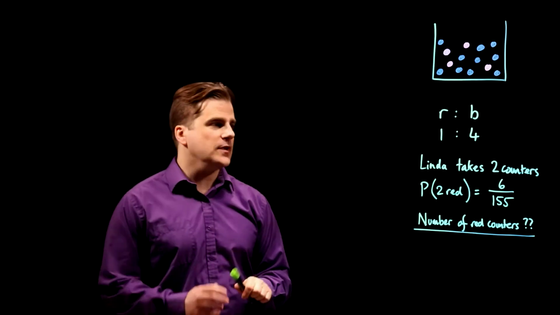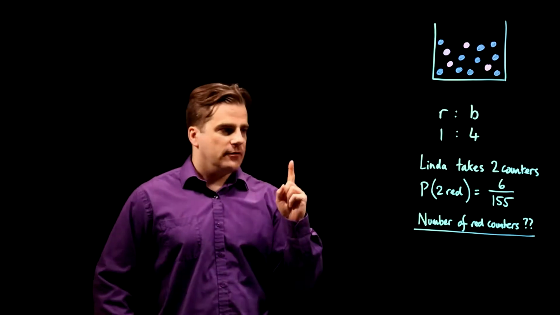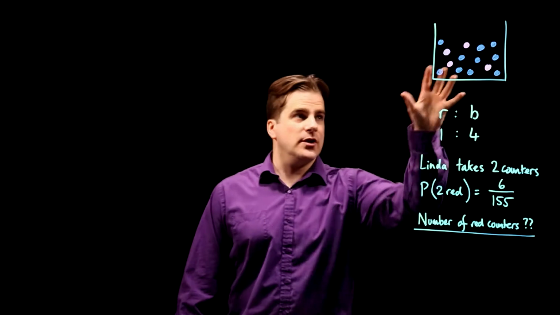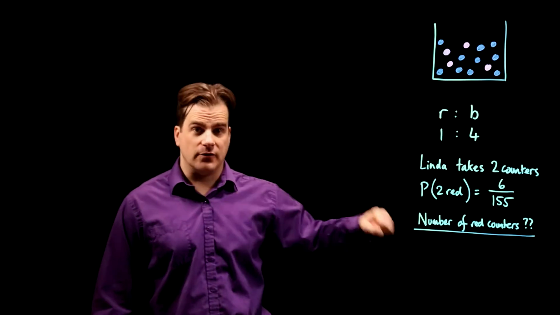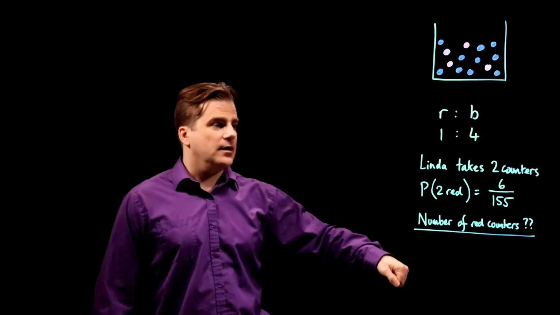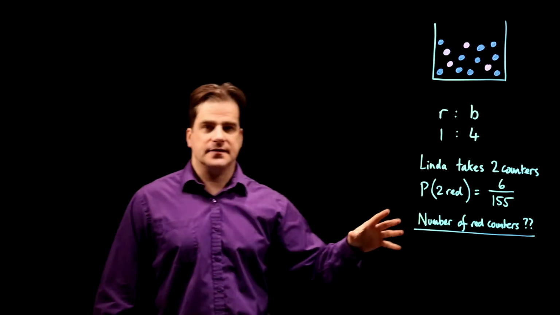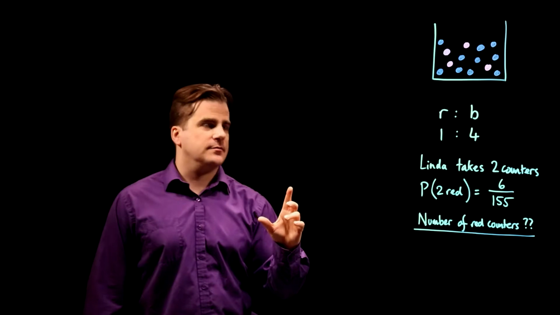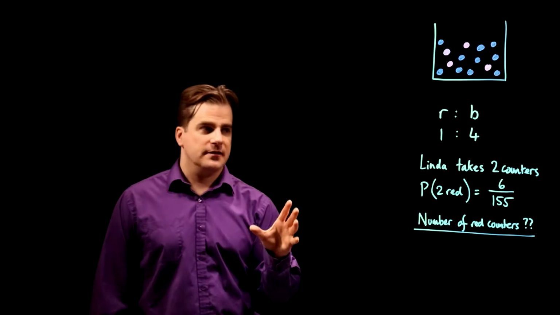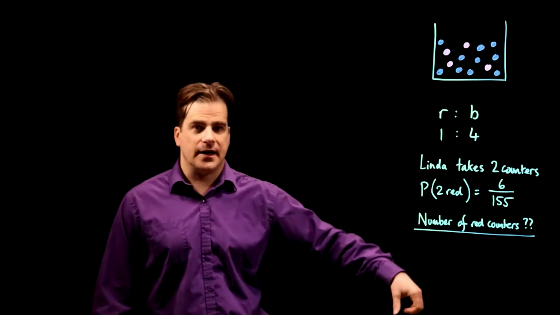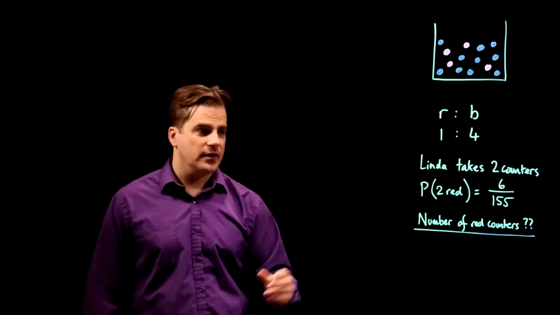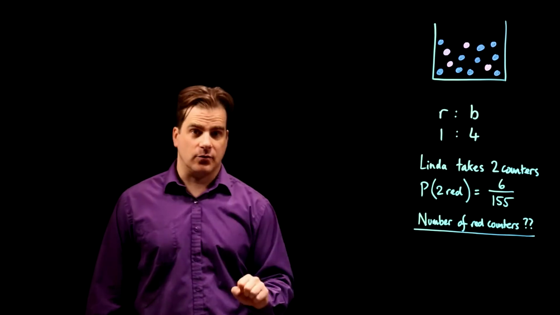Okay, right. First thing to note with these sort of questions is when you're reaching in and taking 2 counters, yes, she's grabbing them at the same time, but that is mathematically identical to reaching in, taking 1, bringing it out, leaving it out of the box, and then reaching in and taking a second one.